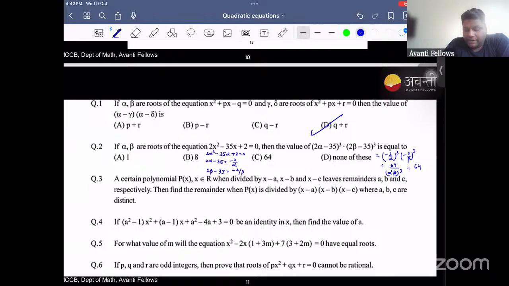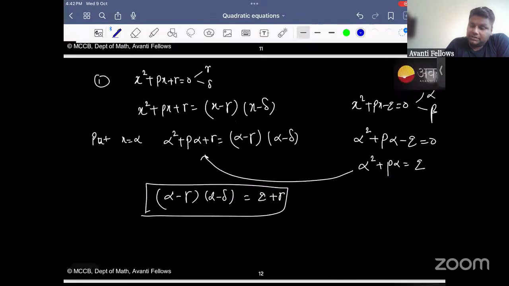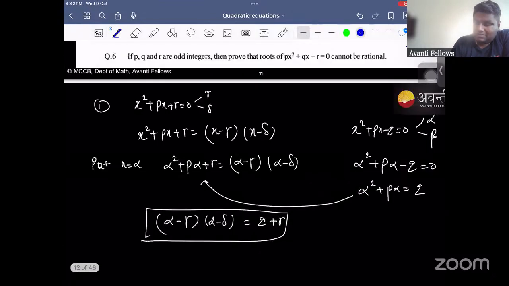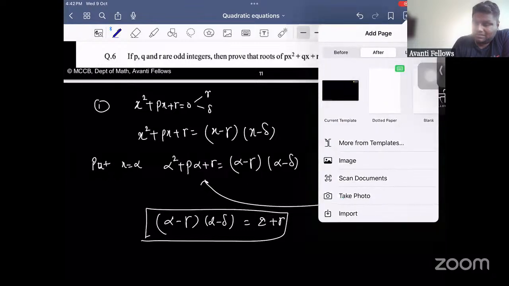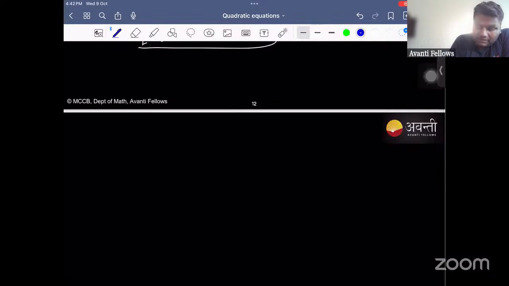Third one. A certain polynomial P(x), where x belongs to R, when divided by x minus a, x minus b, x minus c, leaves remainder a, b, c. Okay. See, they are saying when P(x) is divided by x minus a, then we say remainder is P(a).